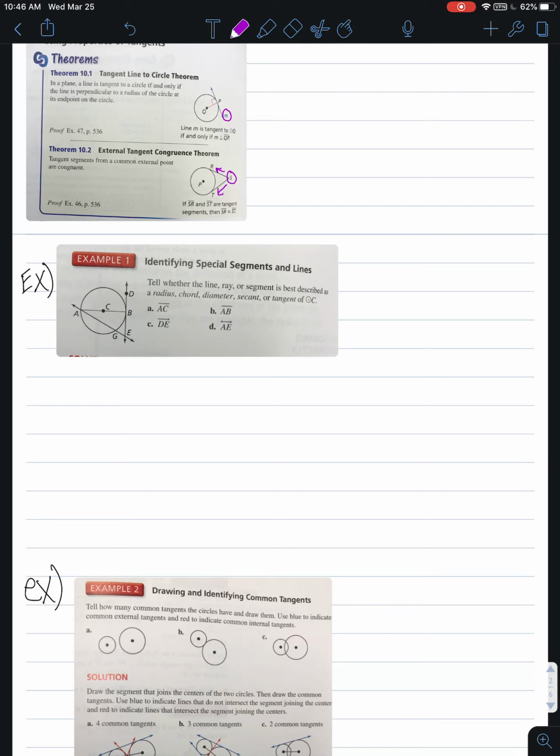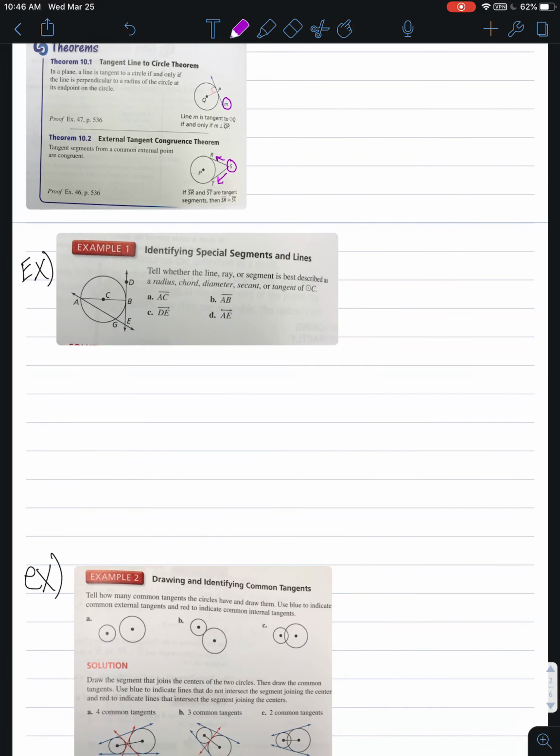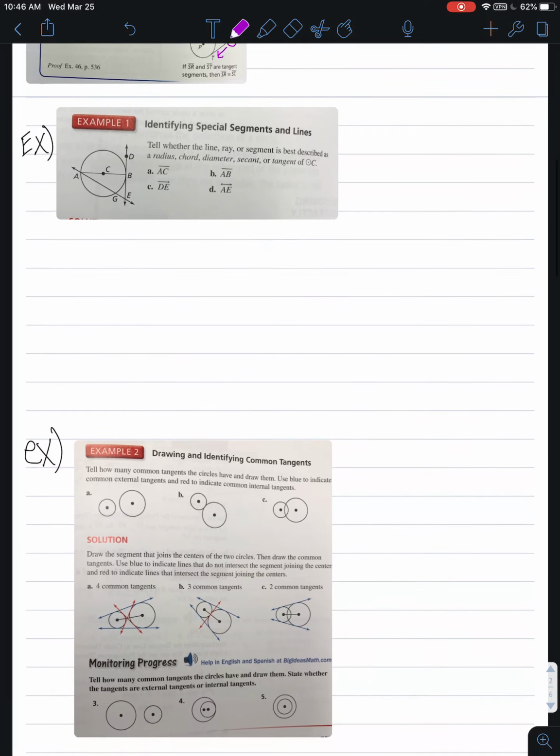And it's saying that this external point S is part of SR and it's part of ST. So if SR and ST are tangent, then those two must be congruent to one another. If they're not congruent to one another, then they couldn't both be tangent segments. It's possible that one of them could be a tangent segment, but not the other one. But if they're both told to us that they're tangent segments, then those will be congruent. And again, we'll see a couple of examples of that in a second.